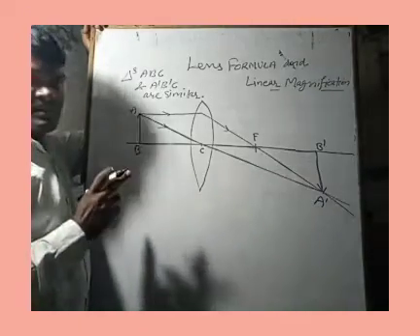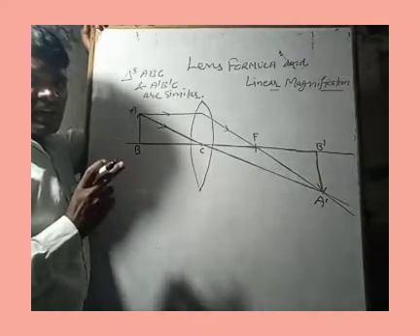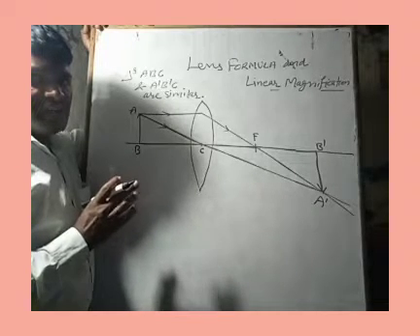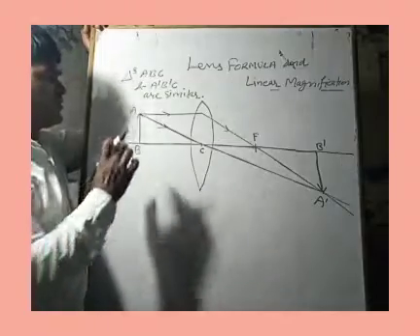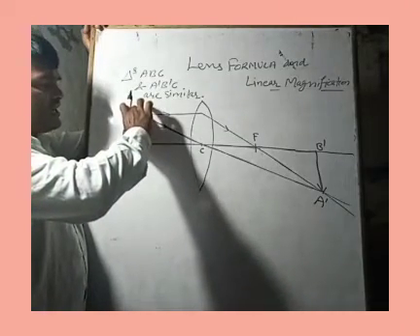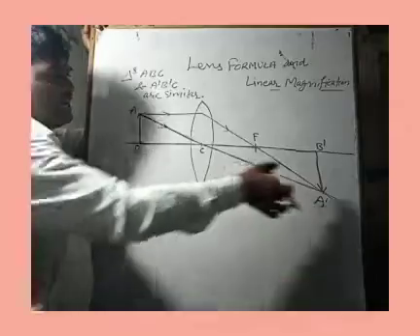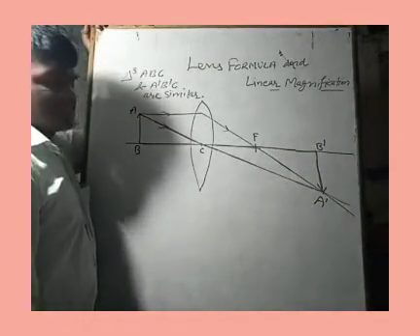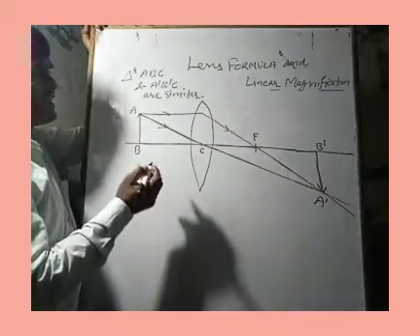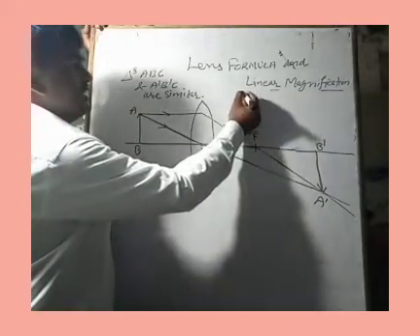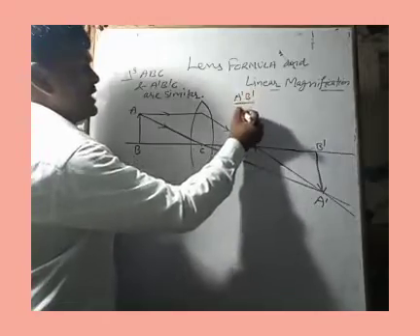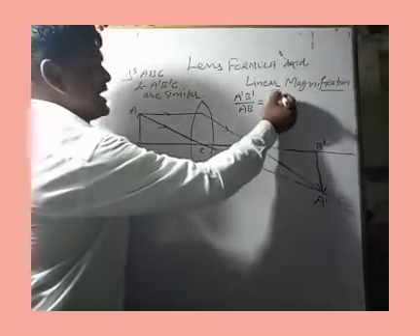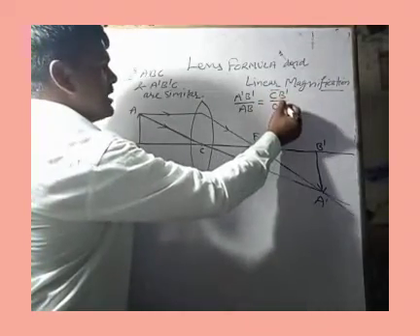and similar triangles have the property that the ratio of their corresponding sides is always equal. For example, if AB is the side of triangle ABC and A dash B dash is the side of triangle A dash B dash C, then we can write A dash B dash upon AB is equal to CB dash divided by CB.